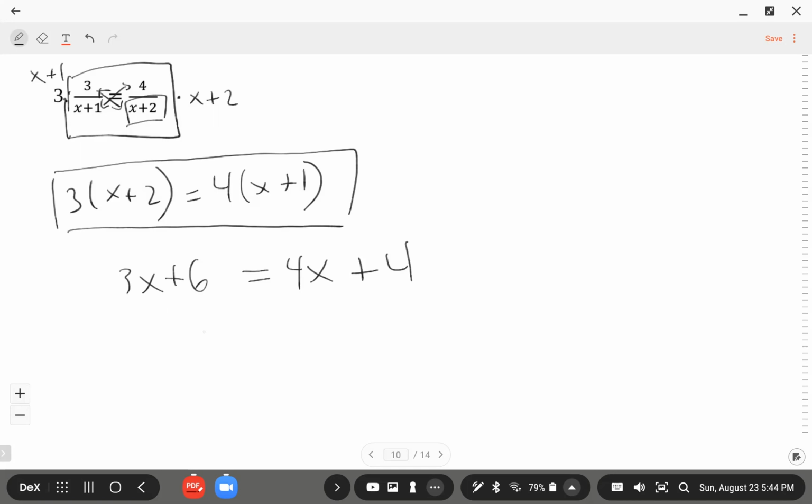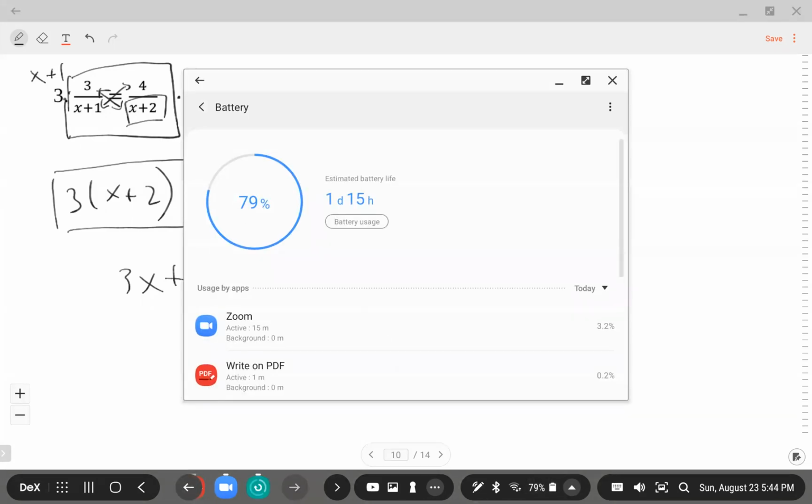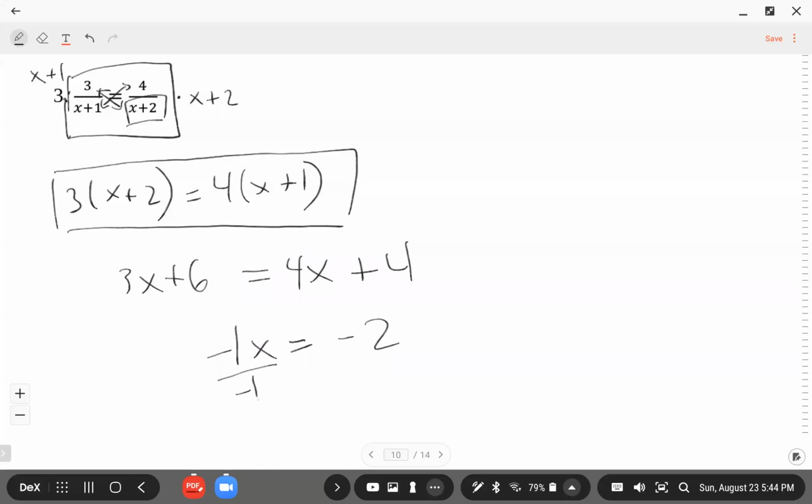And here we have it. And we just have to divide both sides by -1 now. Divide by -1. Then you get x equals 2.